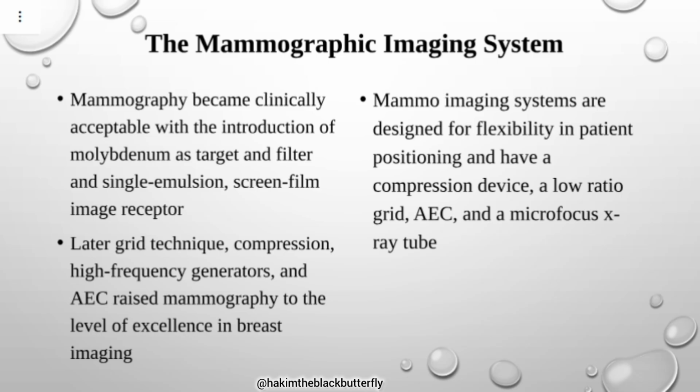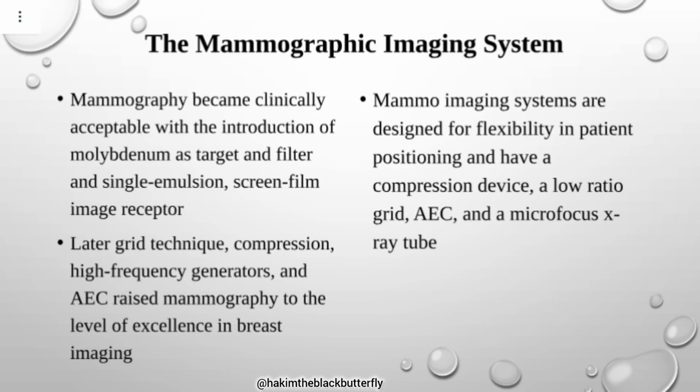The moment you compress a breast on its breast support, the system reads the thickness and then automatically selects the target filter combination that it can use to bring out the perfect image of this breast. Anyway, we are going to see that as we move on.